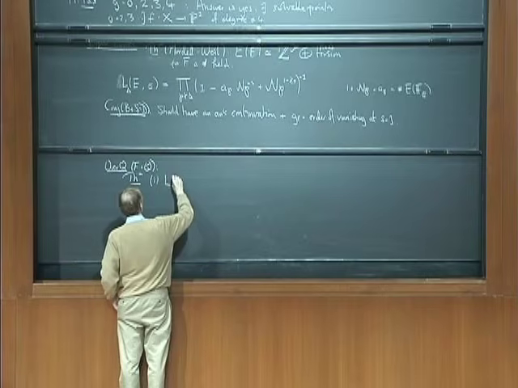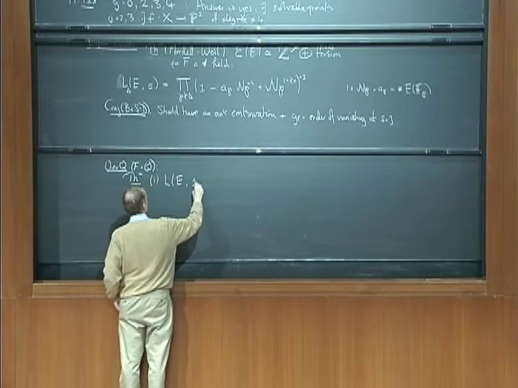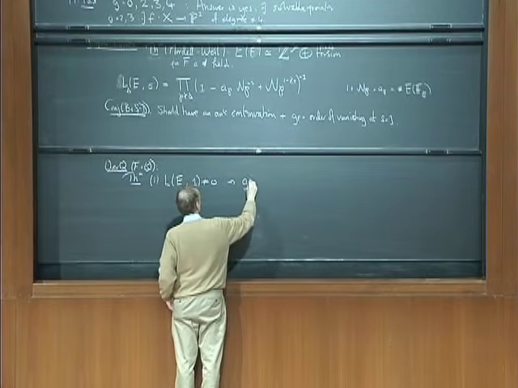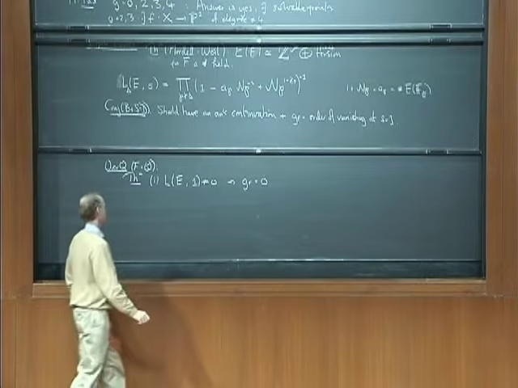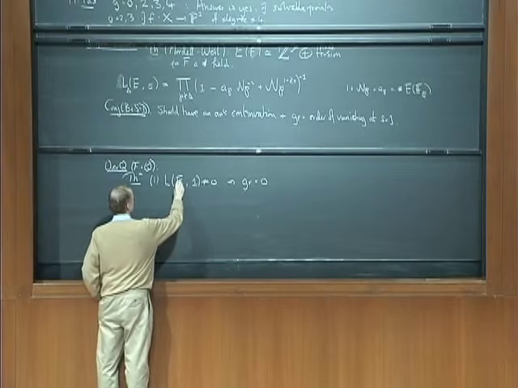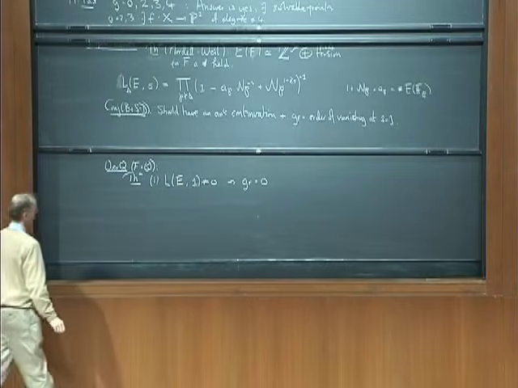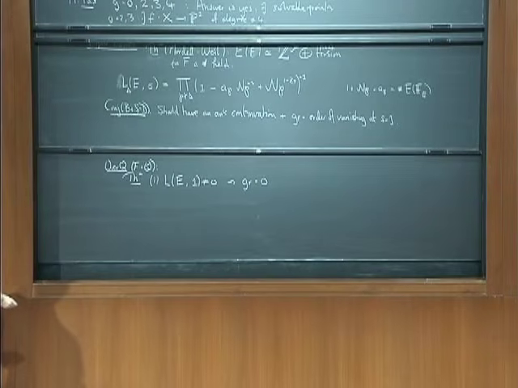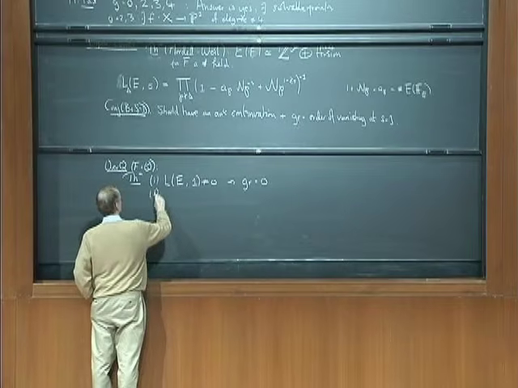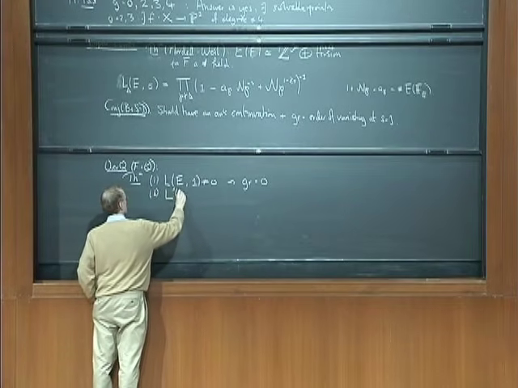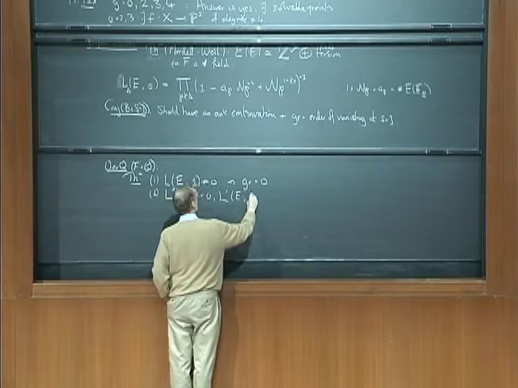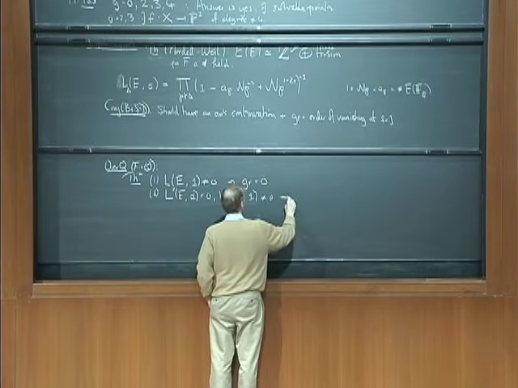If the L series does not vanish, then g(F) is 0. So Coates and I proved restricted cases of this when E had complex multiplication, and Kolyvagin proved it in general, and Kato has given a second proof of that. If the L series vanishes and the derivative does not, then the rank is 1.